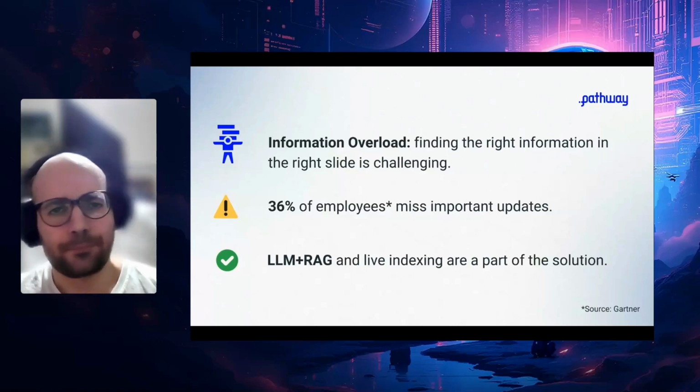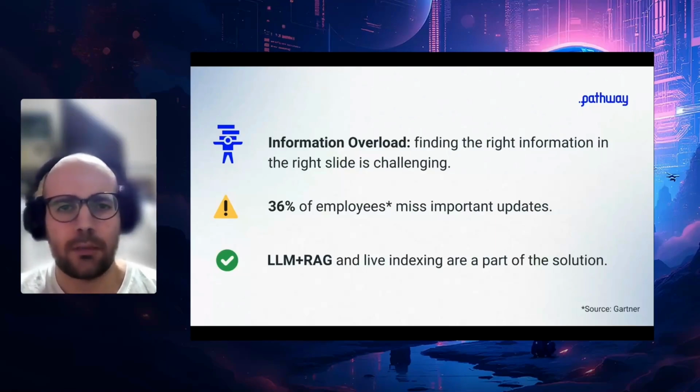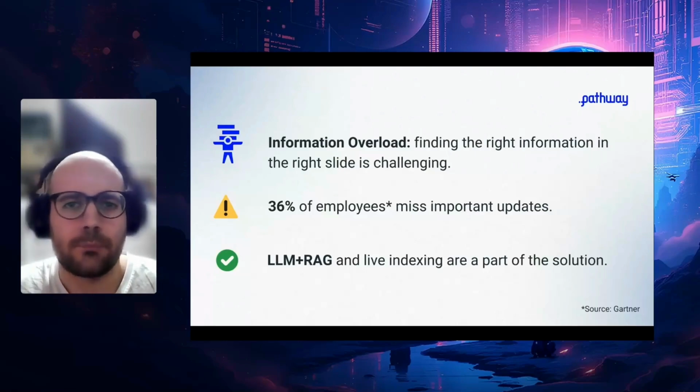And by using Pathway, we have a real-time framework, so anytime you update your set of documents, the results will update. The new answers will take the new documents into account. So it's not important to follow the updates; you just need to query again and you will get the correct answer.